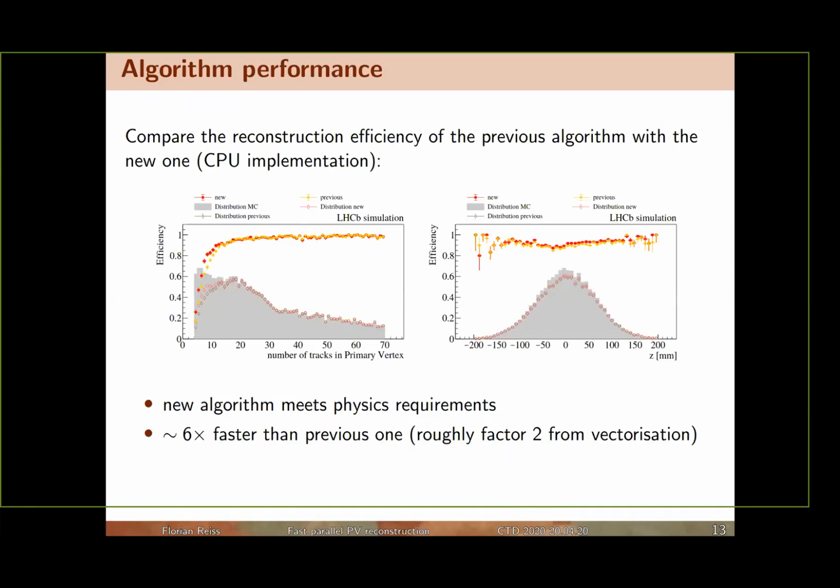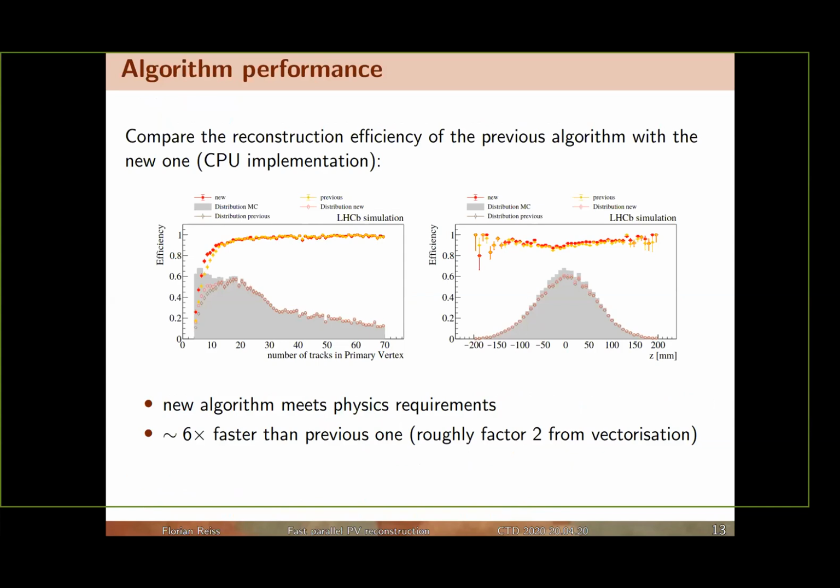Now we can have a look at how this new algorithm compares with the previous implementations on the CPU. Here is shown the primary vertex reconstruction efficiency as a function of the number of tracks in the PV and as a function of the z position of the simulated PV, where the new algorithm is marked with red dots and the previous one with orange dots, and the underlying distribution shown in gray.